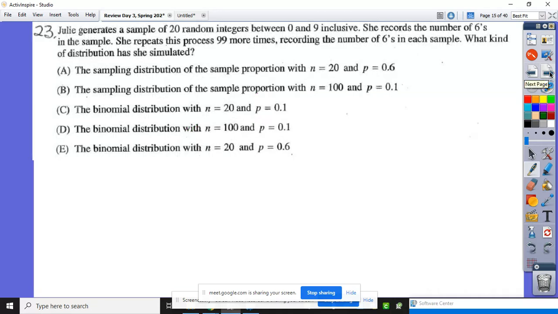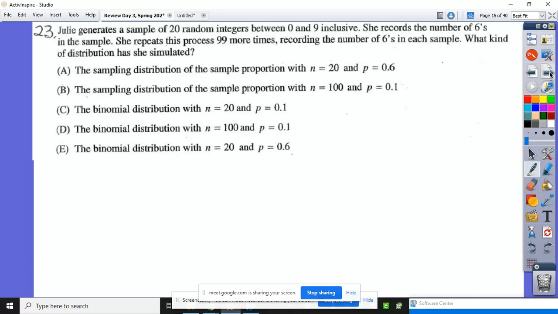All right, 23, and this is our 15th one. Sample of 20 random integers between 0 and 9 inclusive.